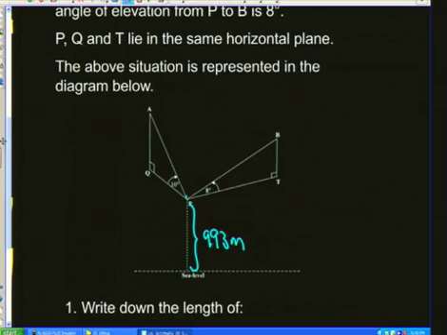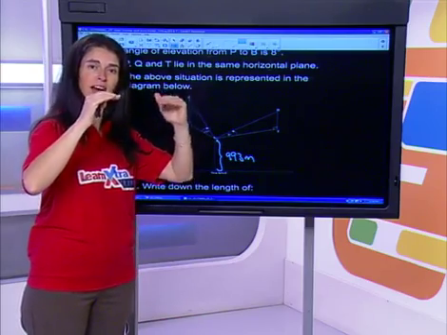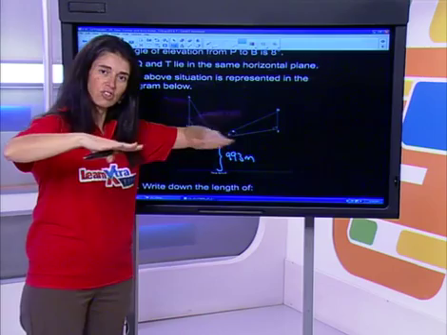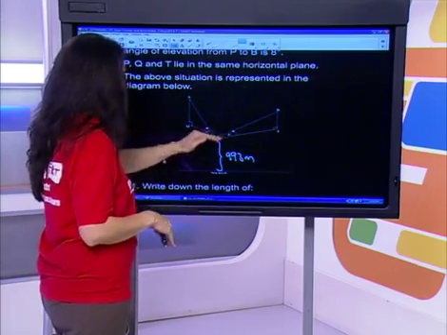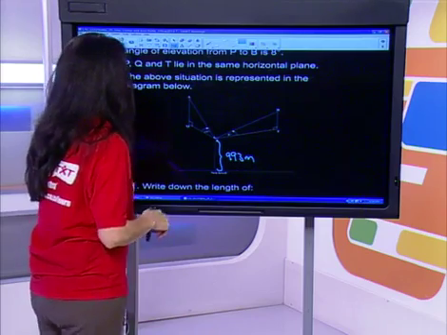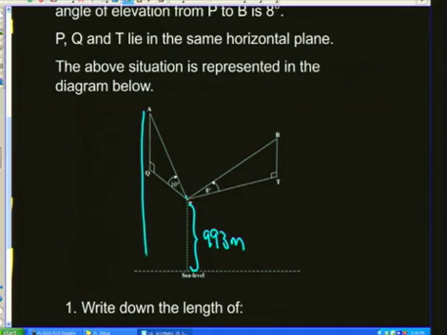So in the art drawing of that, P, Q and T appear to be a little bit higher, but you can imagine they're actually in the same horizontal plane if you had to be lying flat or standing flat at point P. But what we do know is that this length all the way to sea level is now 1,019 meters.